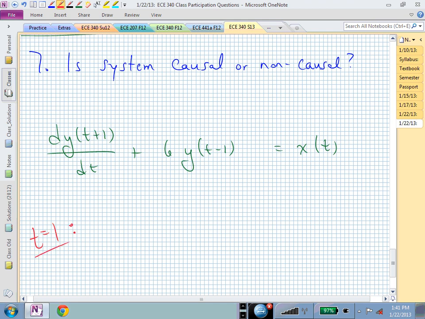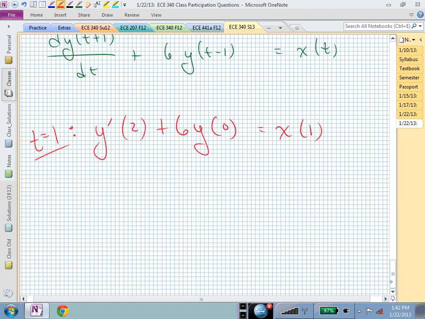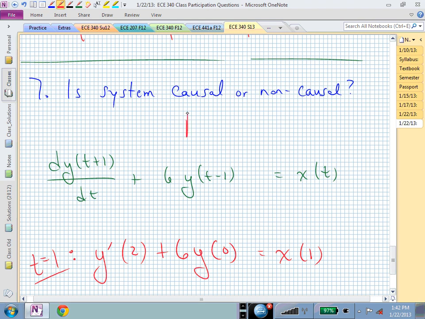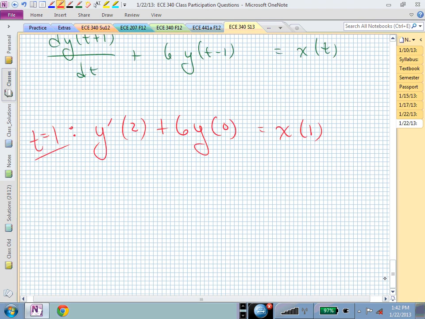So if I let t equal 1, I now have y prime of 2 plus 6y of 0 equaling x of 1. What in the world's going on here? My output at 0 depends on a future input at 1, doesn't it? So this is actually a non-causal system.